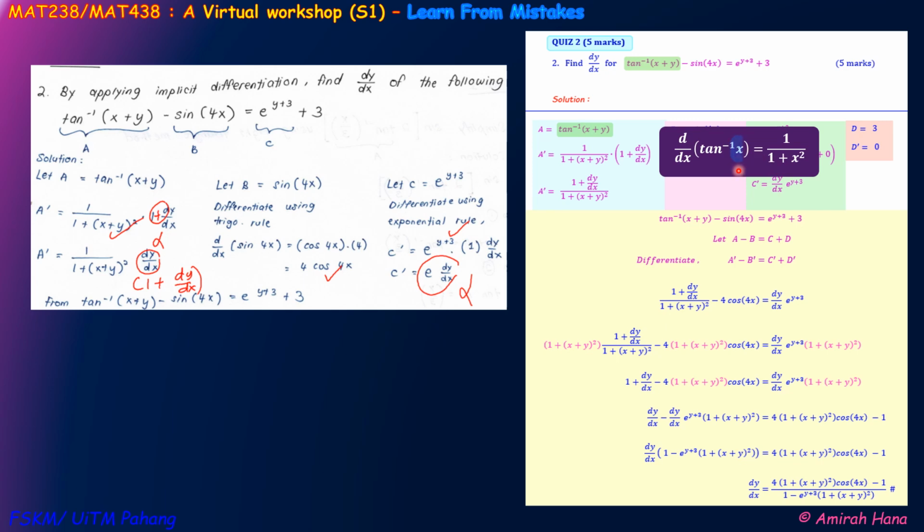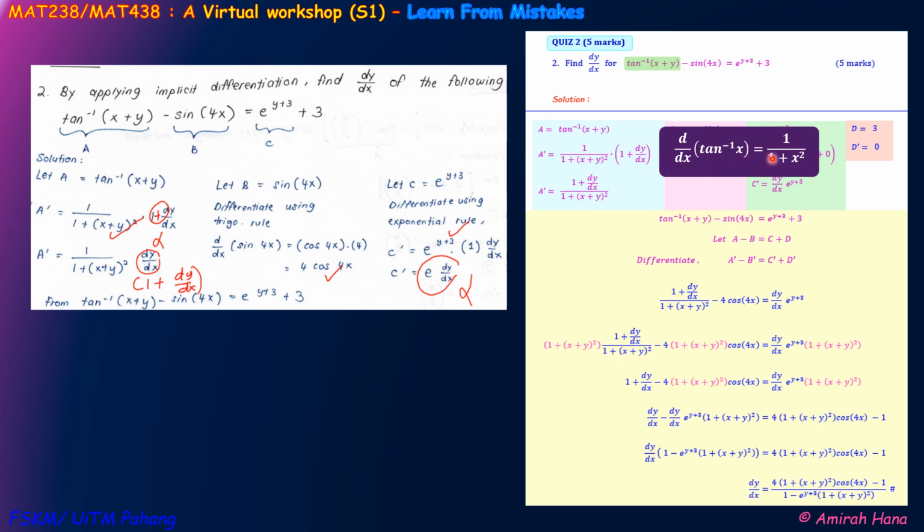Sini simbolnya adalah x, single x, so x-nya duduk di sini. Sekarang x kita adalah x plus y. Kalau x, sini duduknya x; kalau x plus y, sini duduknya x plus y. Yang lain tu ikut saja, 1 over 1 plus, and then ada squared. Right? Boleh?